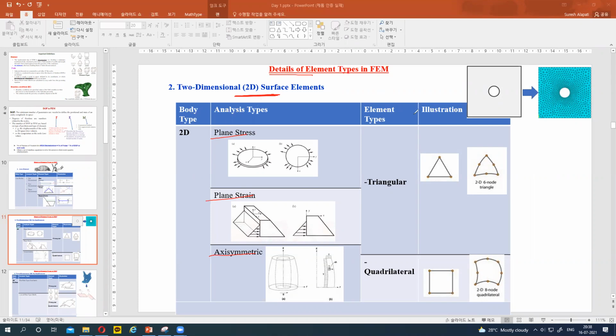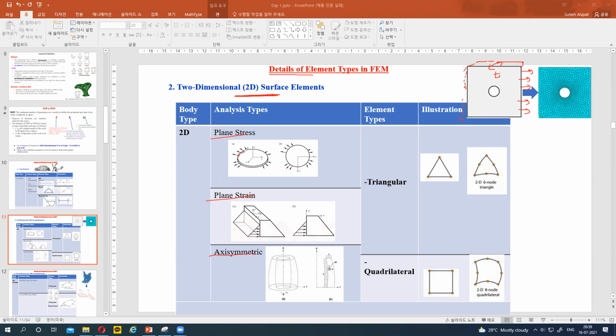Suppose here we apply load here, and fix it. So we apply load here, and this thickness is very small. Thickness t is very, very small. We apply load like this one.